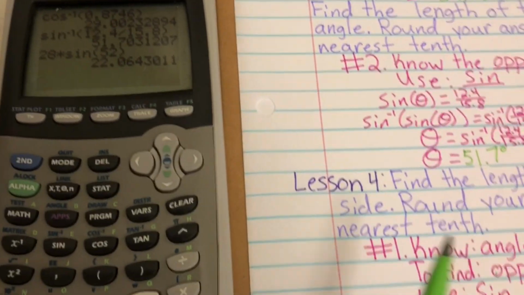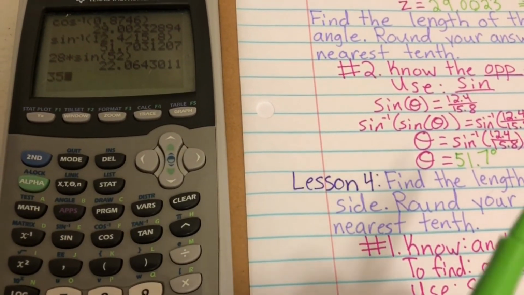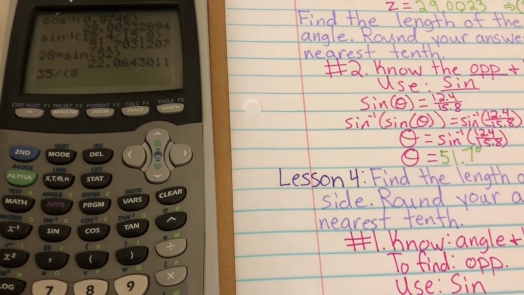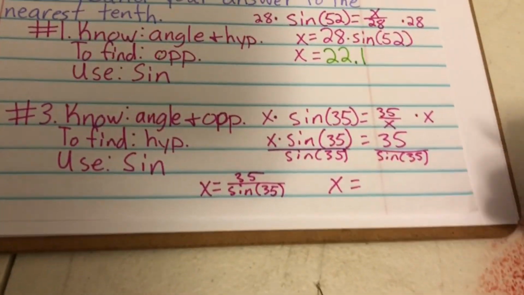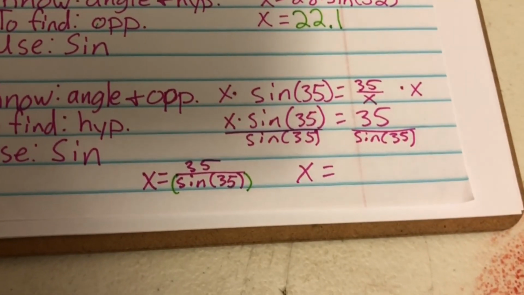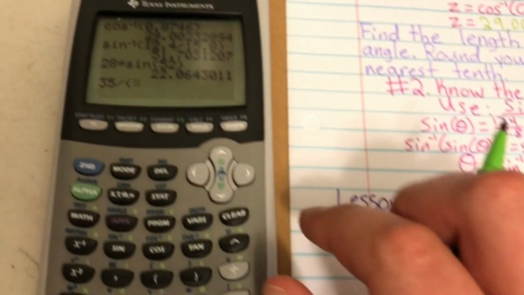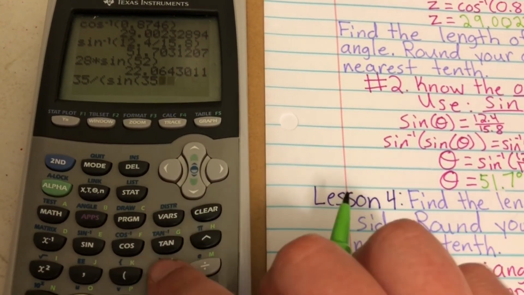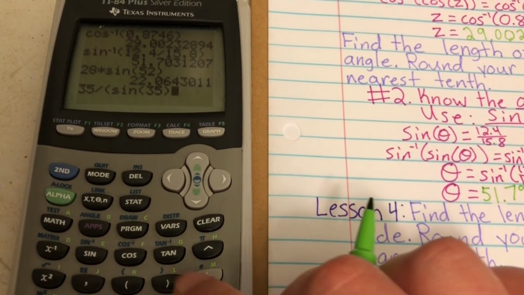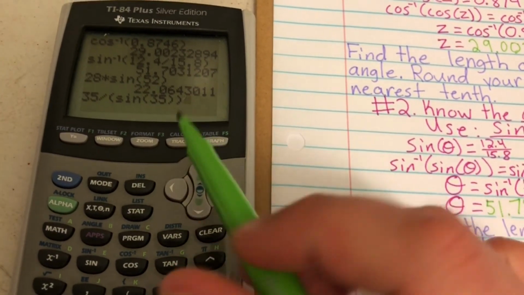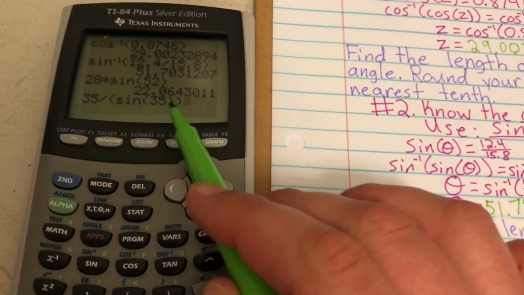So I'm going to go to my calculator. I'm going to put 35 divided by, and now I'm going to put parentheses around everything that was in the denominator. So I have parentheses, sine of 35, close the parentheses around the 35 that we're taking sine of, and another parenthesis to close everything in the denominator.